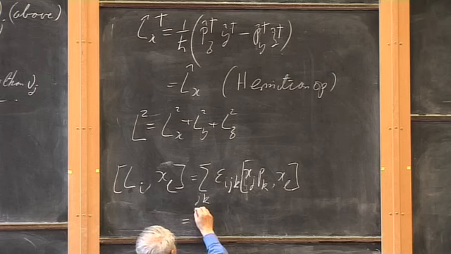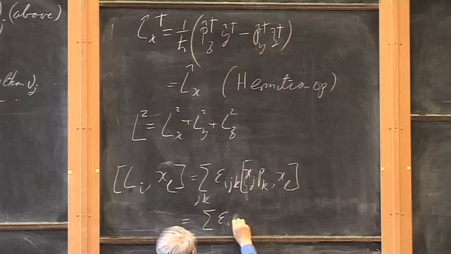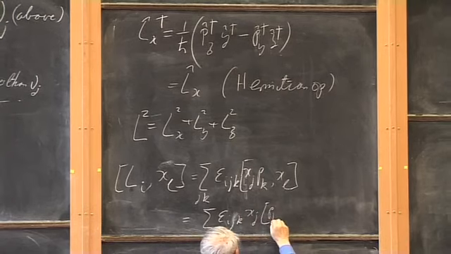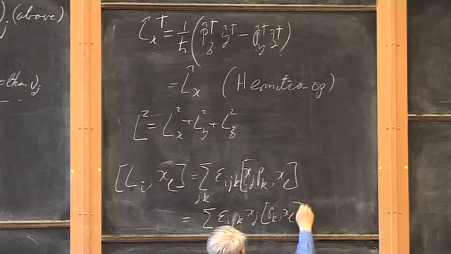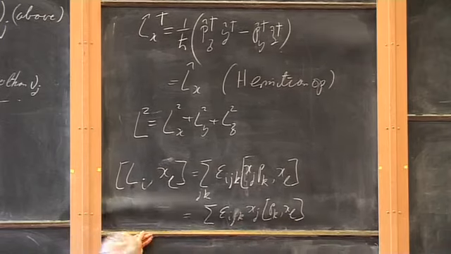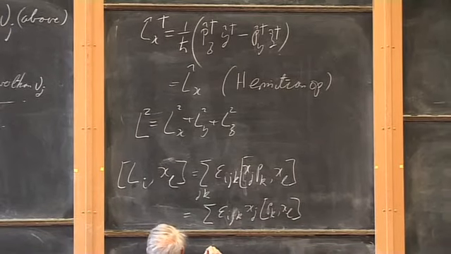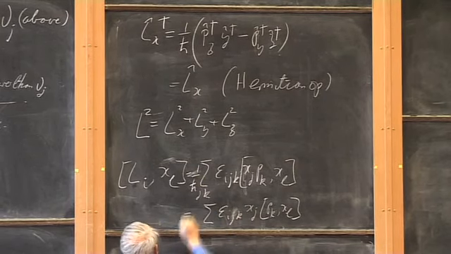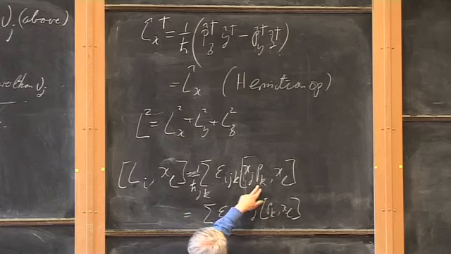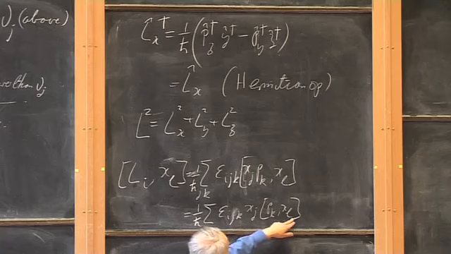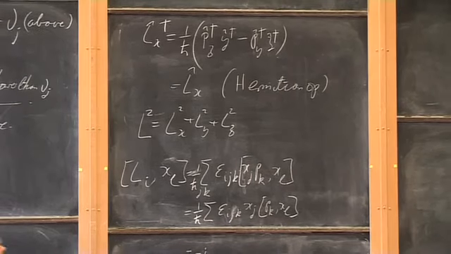So this is equal to the sum over jk of epsilon ijk, xj standing idly by while we do the commutator of pk with xl. But this is minus i h bar delta kl. Sorry, I'm missing here a 1 on h bar, am I not? Because Li is 1 upon h bar of this product. So we have a 1 on h bar here. Then this generates a minus i h bar. The h bars cancel.